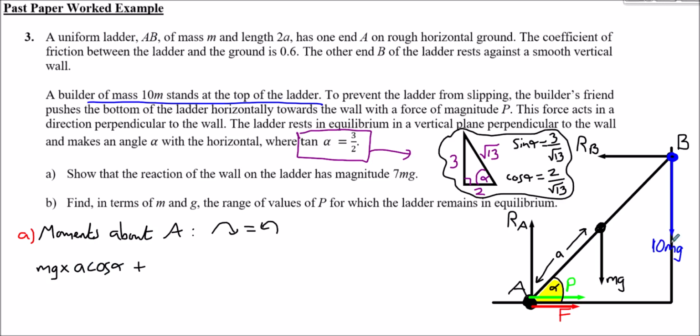And the 10 mg force of the person standing at the top of the ladder has magnitude 10 mg. So that moment will be the force multiplied by the perpendicular distance of the line of action of that force from A. So we're talking this entire bottom distance of the triangle made with the ladder, the ground and the wall. This has a hypotenuse of 2A, the whole length of the ladder, angle alpha, so this adjacent will be 2A cos alpha.